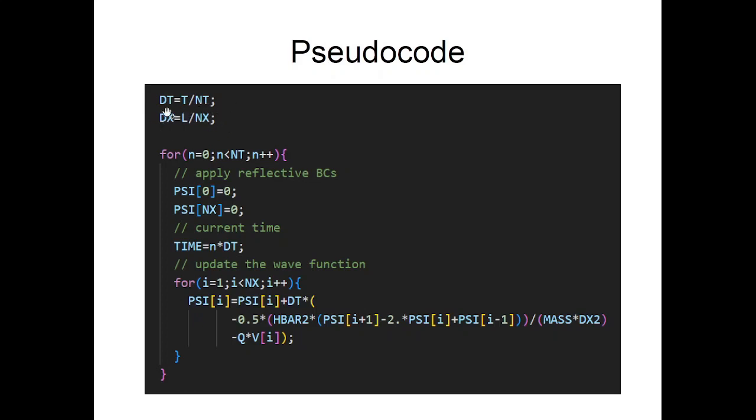In the very same way, for the spatial grid, L is the length of the spatial domain, and you divide it by nx, the number of cells in the grid. By doing this operation, you obtain the length of the cell that we call dx. And what you see here, if we apply the Euler method, is going to practically consist of this main nested loop that you see here.